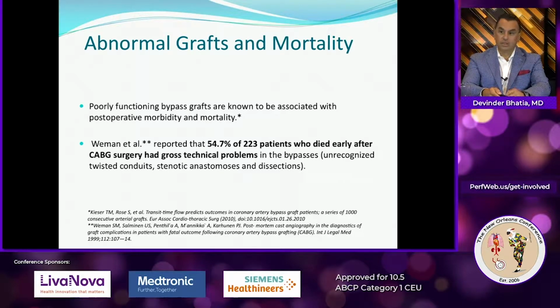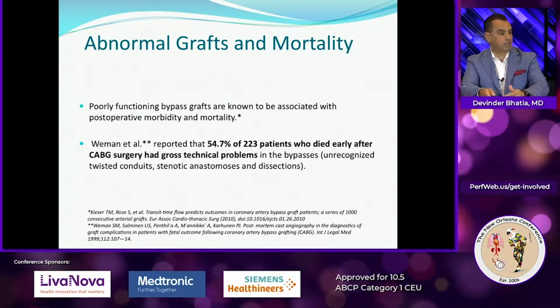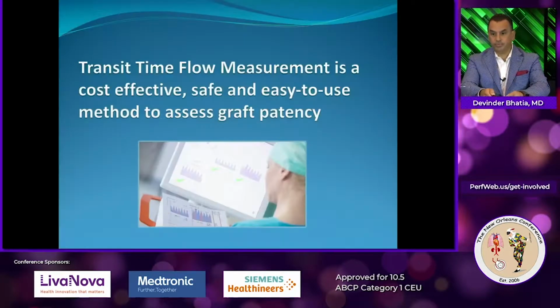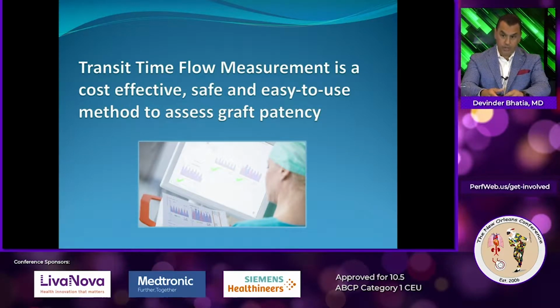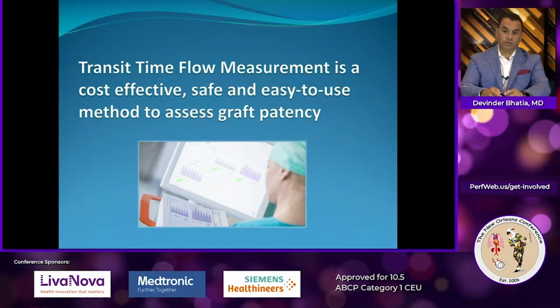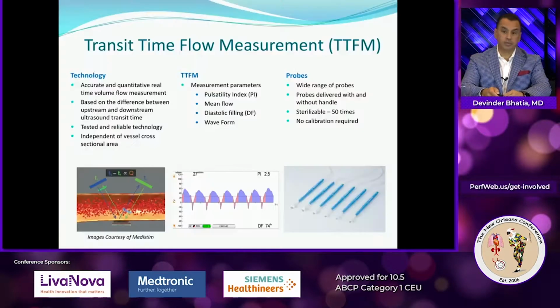Wow. And that means that the bypasses either had unrecognized twists, conduits, distal anastomosis stenosis, or dissection. So we know that using transit time flow measurement is cost effective, it's really easy to use, and it's a wonderful method to assess graft patency.